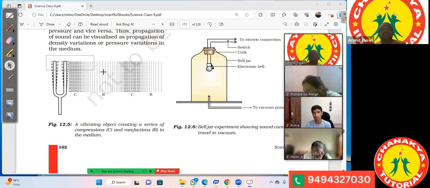This diagram is important if you are asked how the sound wave travels.